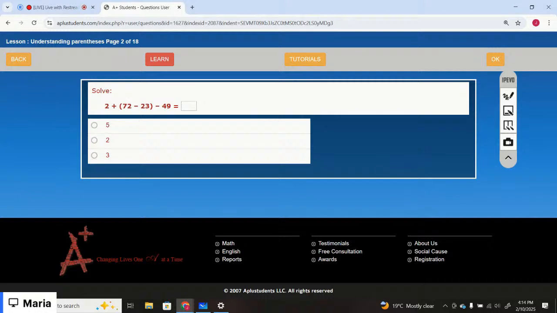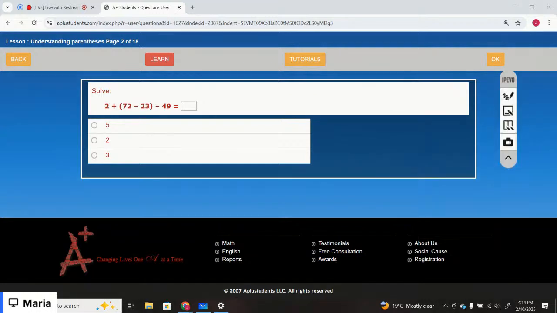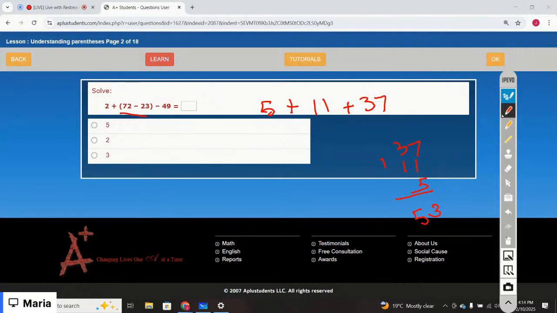2 plus 72 minus 23 minus 49. So solve the parenthesis first. 72 minus 23. So 72 minus 23 is 49. So 2 plus 49 minus 49. So 49 minus 49 makes 0.